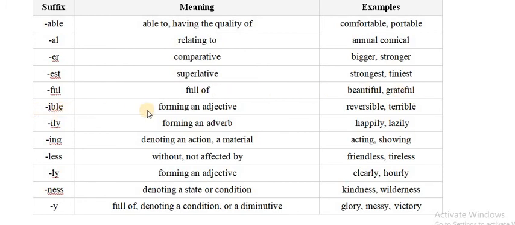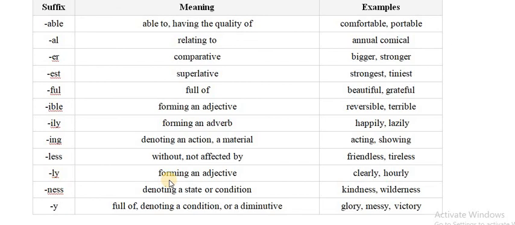Ible, forming an adjective. Reversible, terrible. Ily, forming an adverb. Happily, lazily. Ing, denoting an action or a material. Acting, showing. Less means without, not affected by. Friendless, tireless.